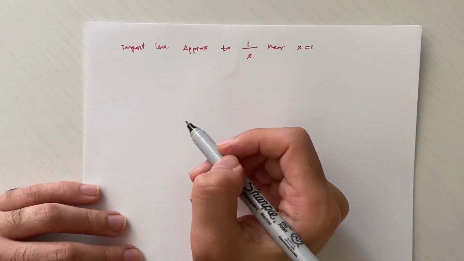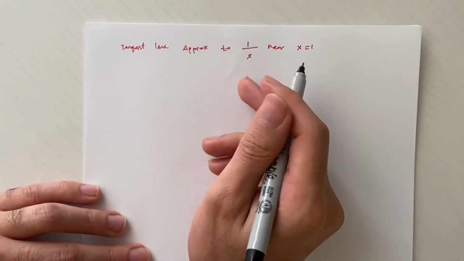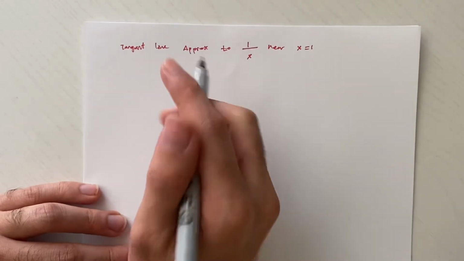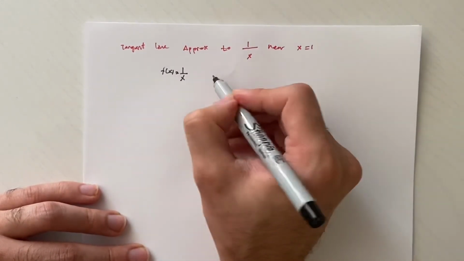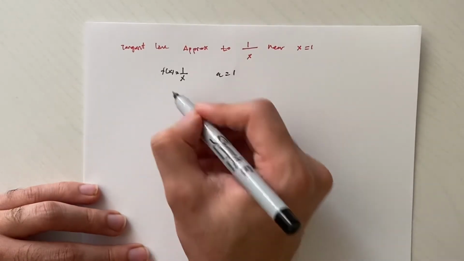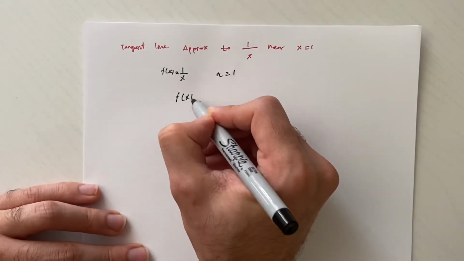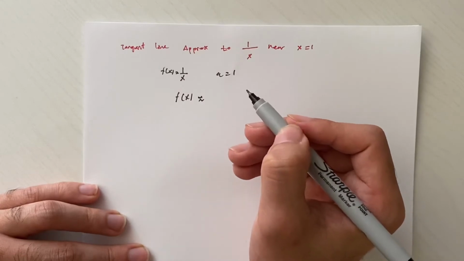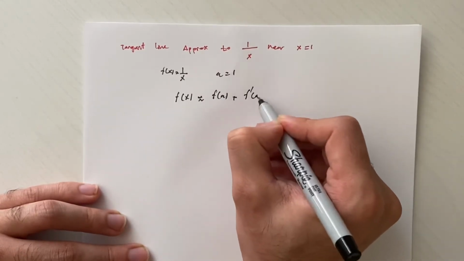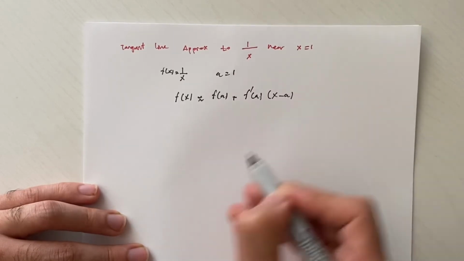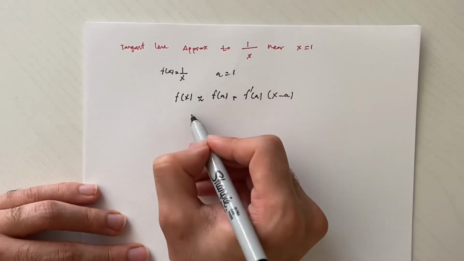Here we want to find the tangent line approximation to 1 over x near x equal to 1. So here our function f of x is 1 over x and a is 1. So f of x again is going to be approximated as f of a plus f prime of a multiplied by x minus a.